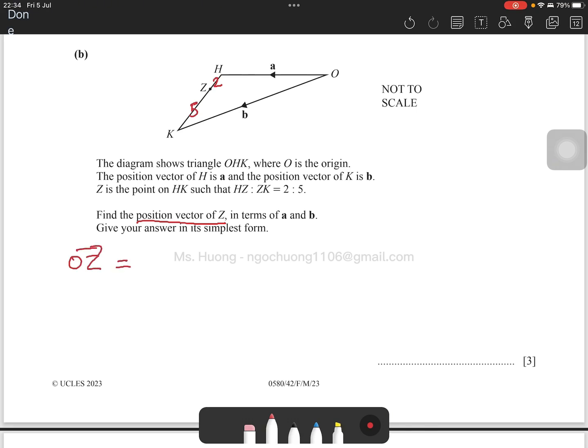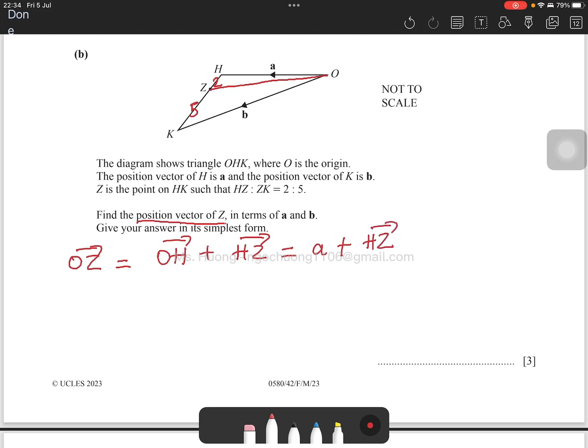OZ is equal to the vector OH plus the vector HZ. OH is given in the question, which is a, and now we need to find the vector HZ only.